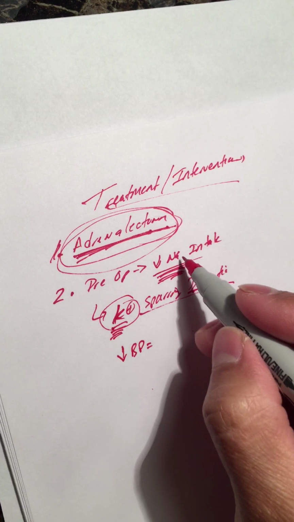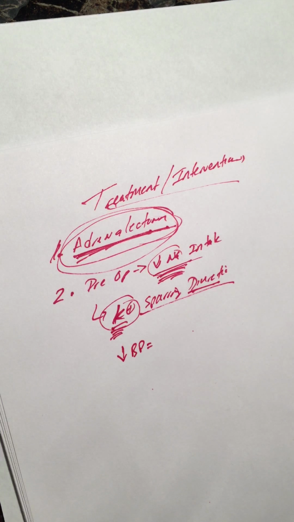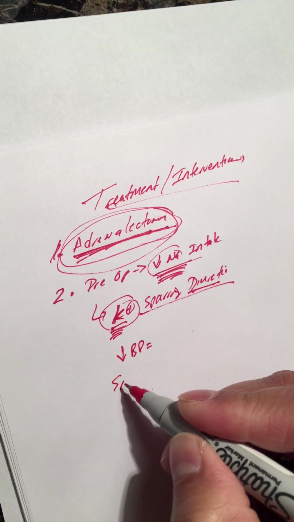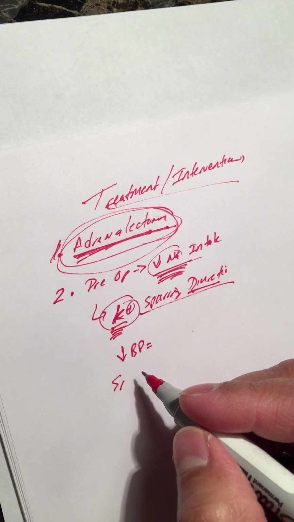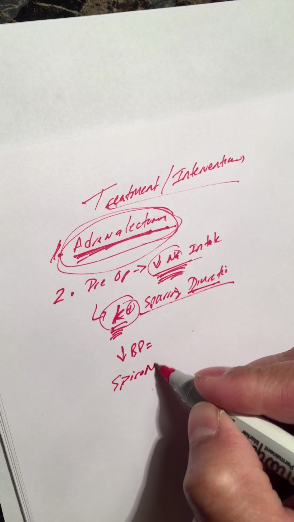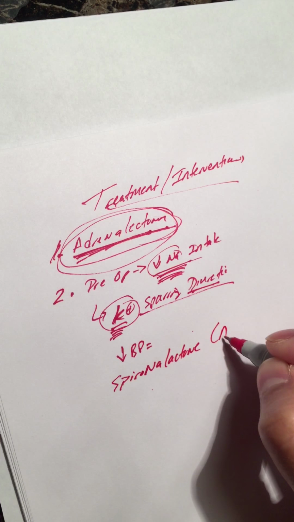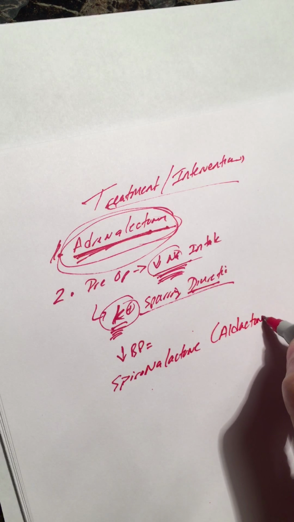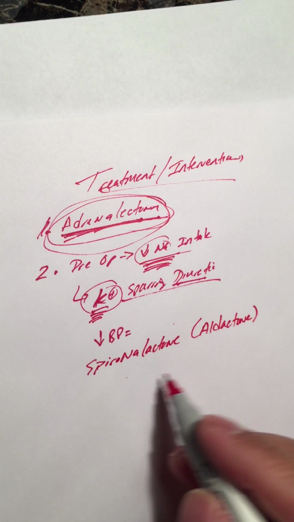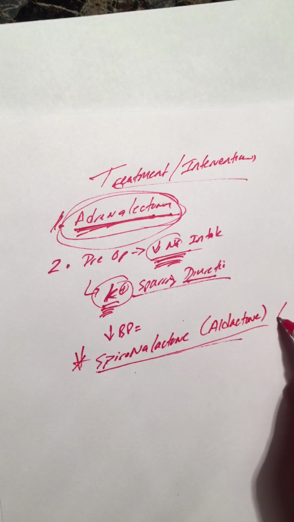Because again, along with the sodium retention, you're going to have water retention. And the potassium sparing diuretic of choice may be something like aldactone or spironolactone. So make sure you know this for the NCLEX, okay?